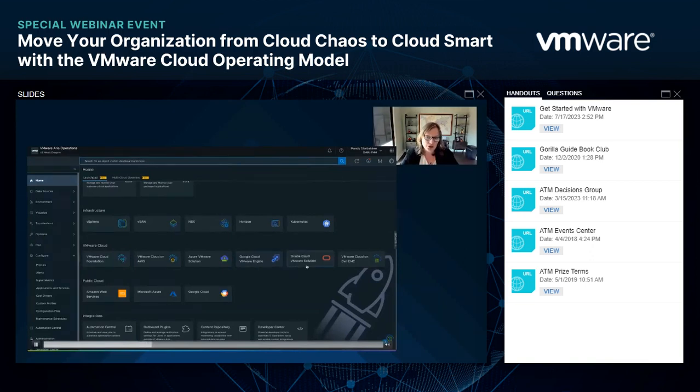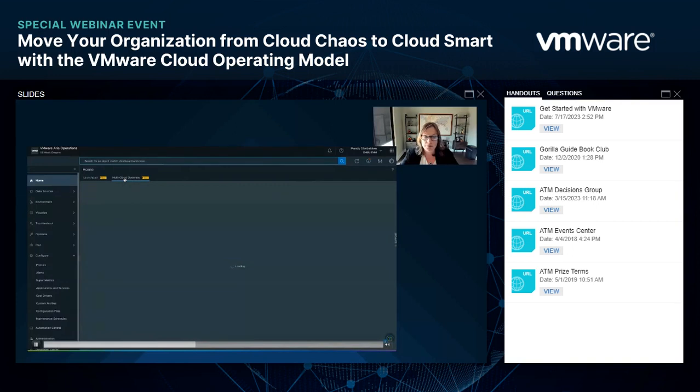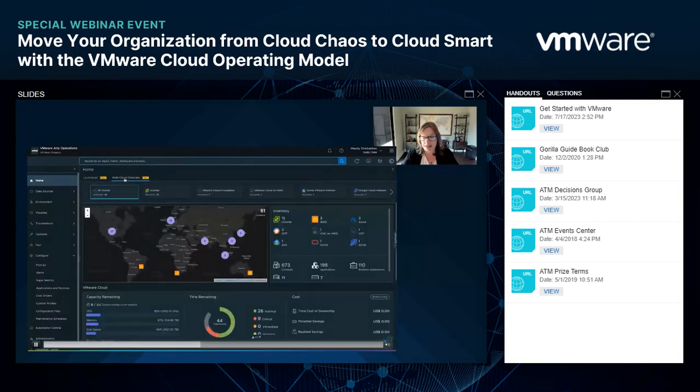But what you might not be familiar with is that we've worked very hard to extend these same capabilities that you know and trust to the native cloud also across AWS, Azure, and Google. And so if we take a look here at a multi-cloud overview, this is as close to a single pane of glass, I think, as we've got.